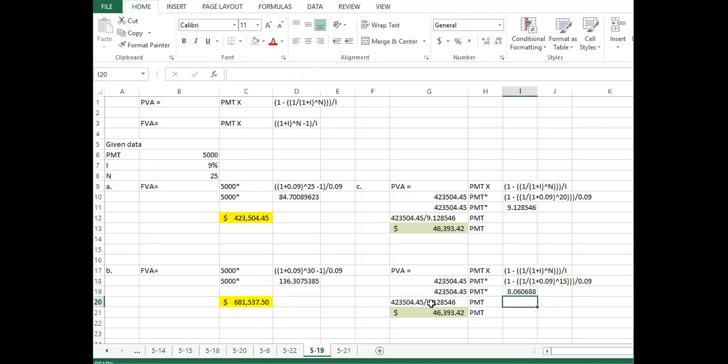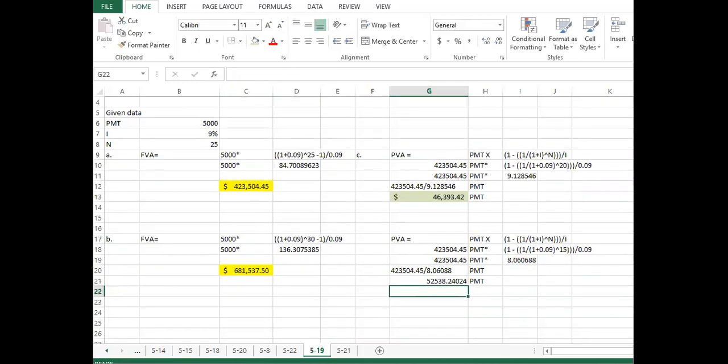So the factor is 8.06088. So here is the answer.